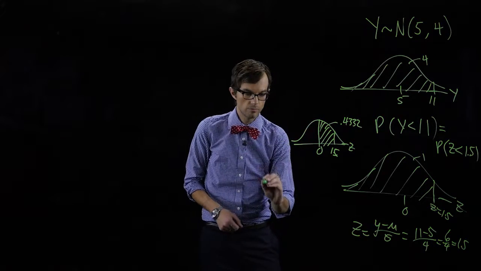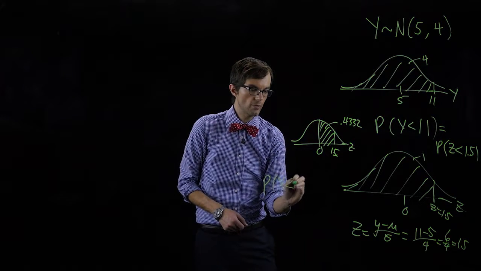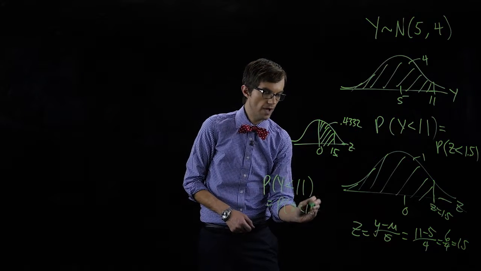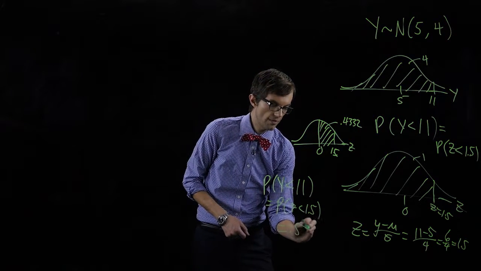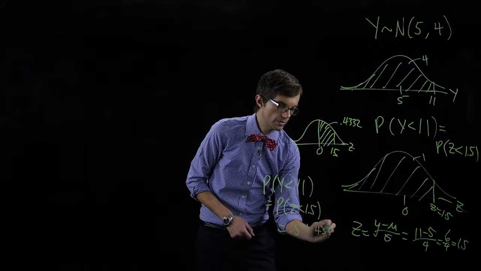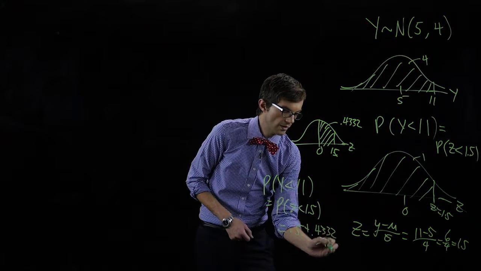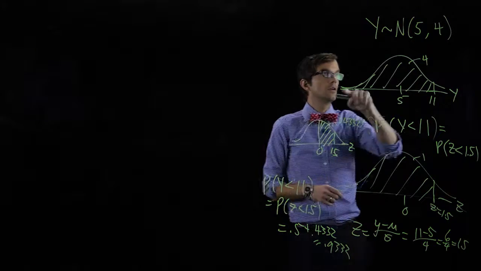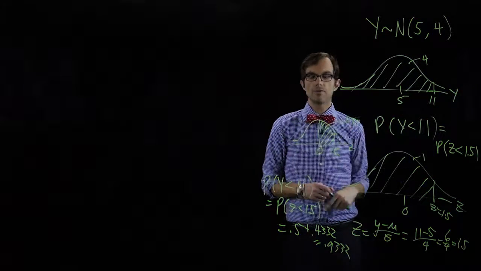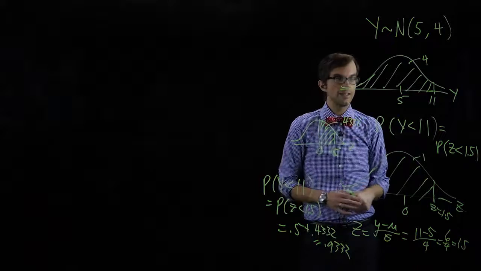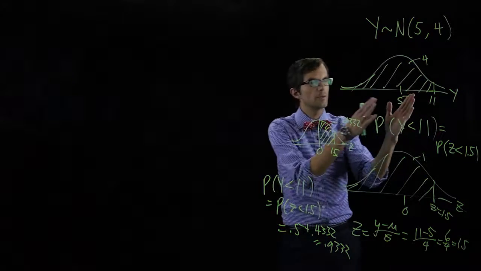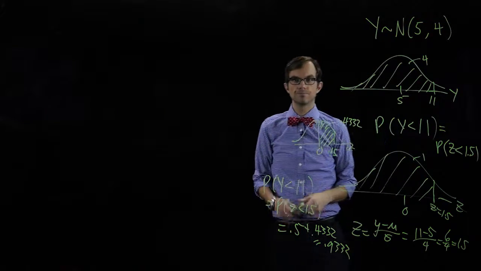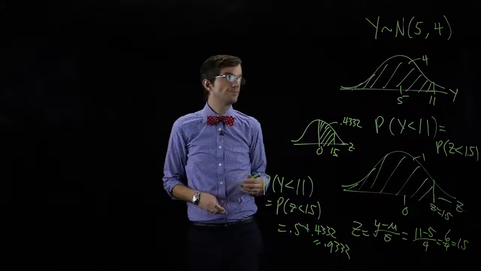So the probability that y is less than 11, which is equal to the probability that z is less than 1.5, is 0.5 plus 0.4332, which is 0.9332. So for this normally distributed random variable y, roughly 93% of the observations, 93% of the realizations lie below 11.